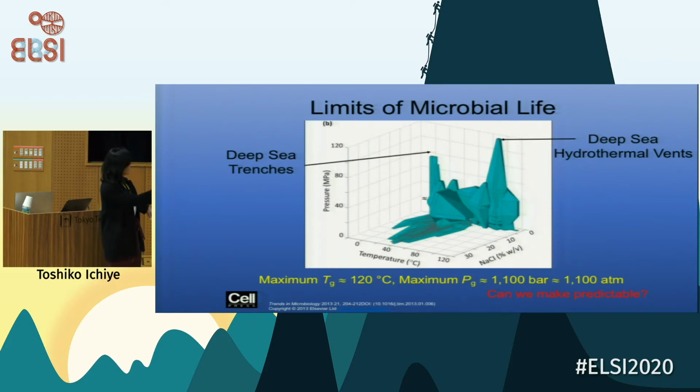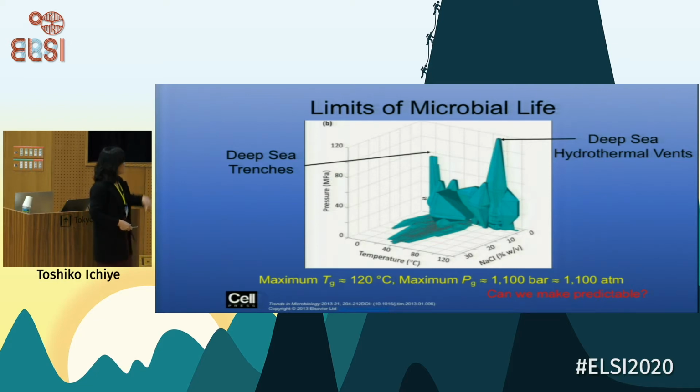Just looking at this, you can see that we're finding life over a huge range of extremes. And these pressures around 1,000 atmospheres correspond to the deepest parts of the ocean, in the cold, deep sea trenches, and in the hot, deep sea hydrothermal vents.